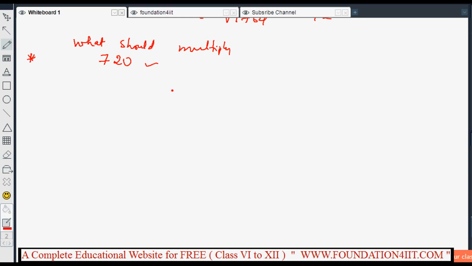And what is the perfect square number? Then find the square root also, you'll find out.